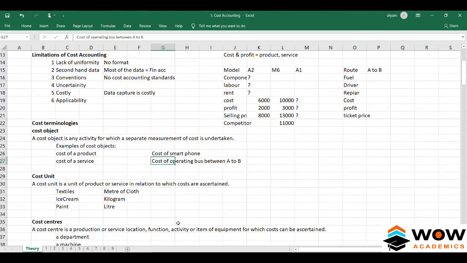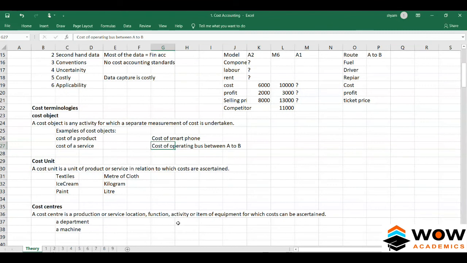So we'll move on to the next one, which is cost center. A cost center is a production or service location, function, activity, or equipment for which costs can be ascertained. It is similar to cost object.